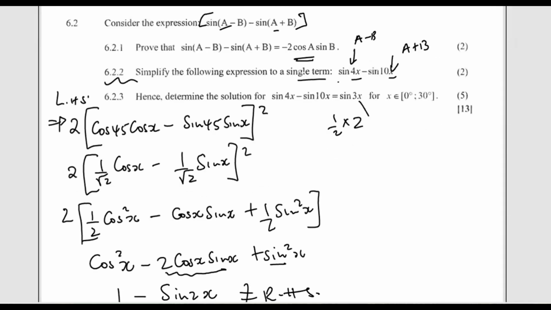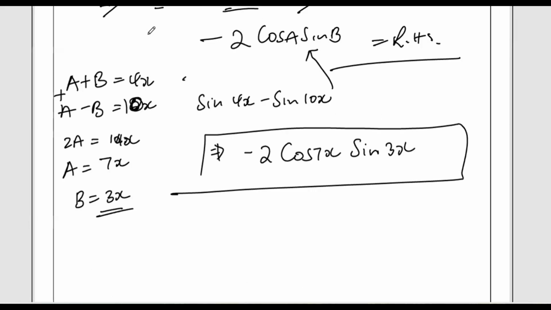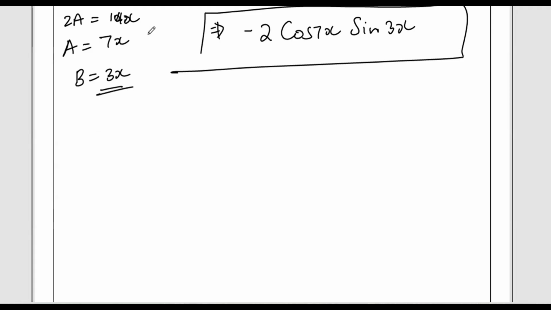And hence, determine the general solution, or the solution. They want the solution, so we need the definite values of x between 0 and 30. Where there is sine 4x minus sine 10x, it should be equivalent to sine 3x.